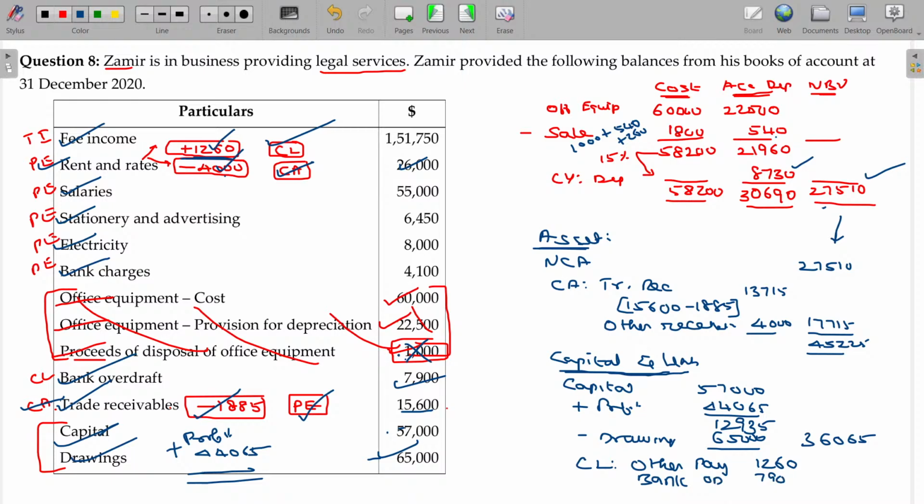We have completed all this posting. 7,900 plus 1,260, 9,160. If I tally the capital and liability side, I will be getting the asset side value 45,225. That's all. Clear?